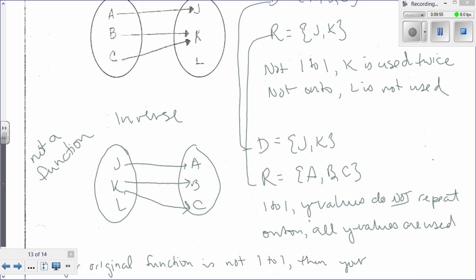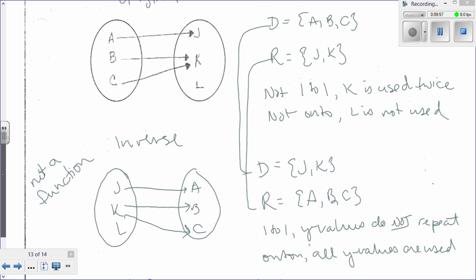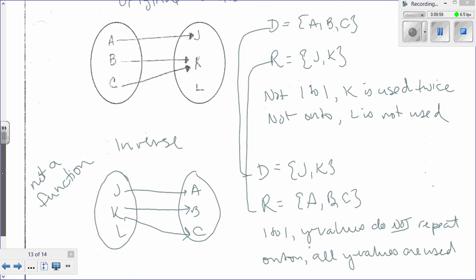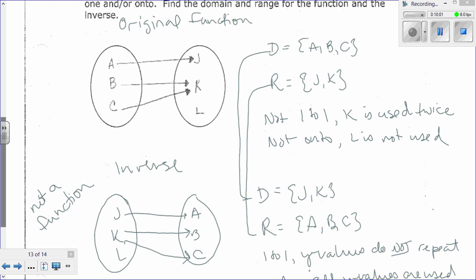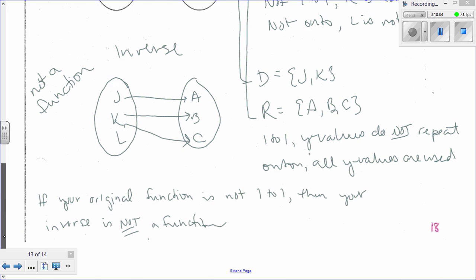So if you look at the bottom here, it's not a function because K was used twice. So in my original function, it was not one-to-one because K was used twice. So when I find my inverse, it's not a function because I'm repeating my x values. Okay?